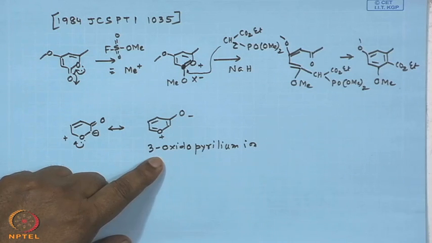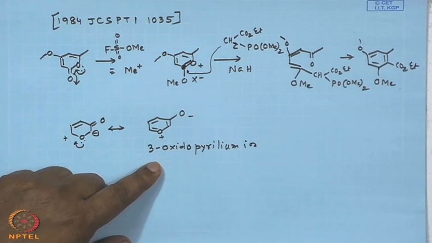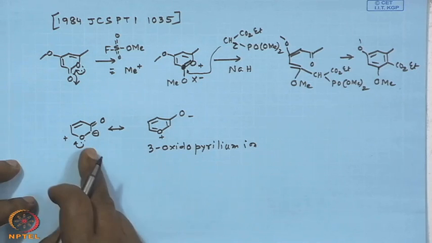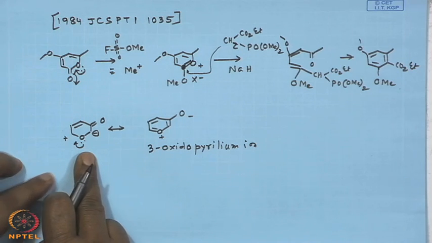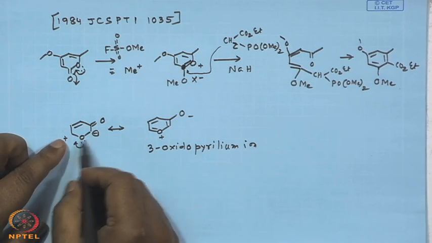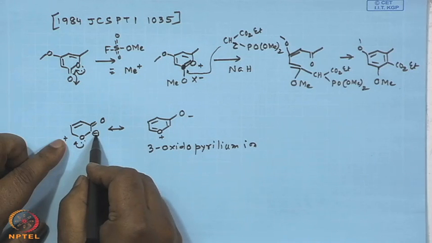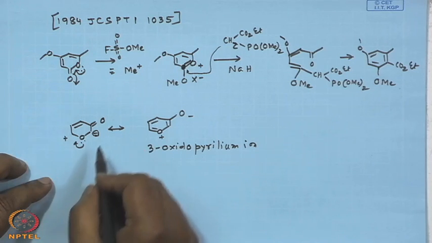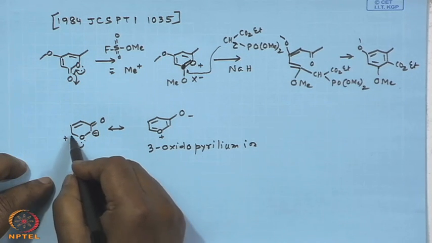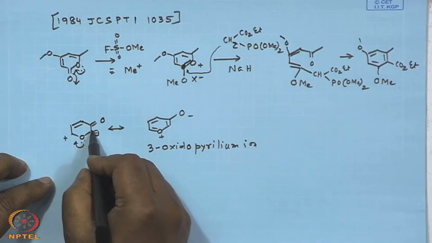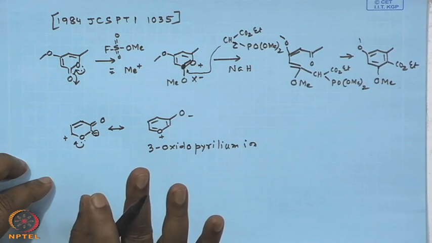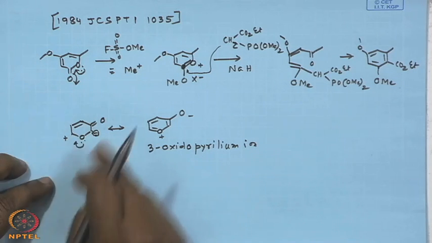So, that means these 3-oxidopyrrylium ions would serve as a dipole, and if you see the resonating structure on your left, it is basically a 1,3 kind of dipole, 1, 2, 3 dipole. But since it belongs to a 5-membered system, 1, 2, 3, 4, 5, neglecting the oxygen, this is called a 5 system.